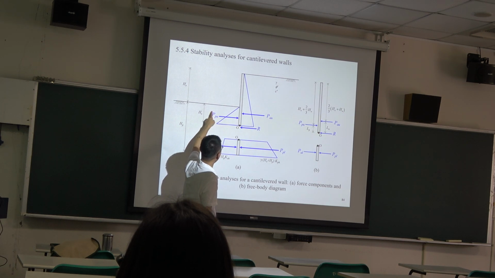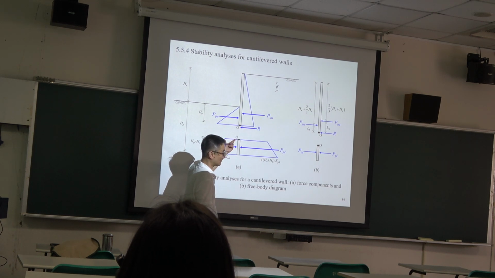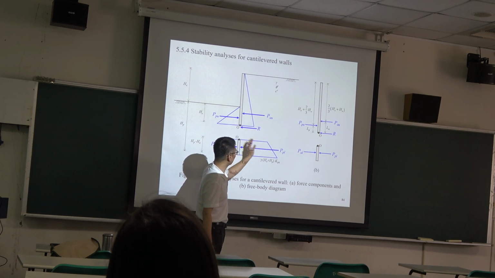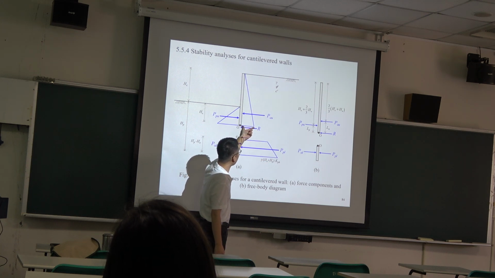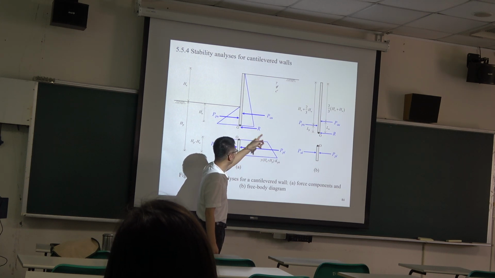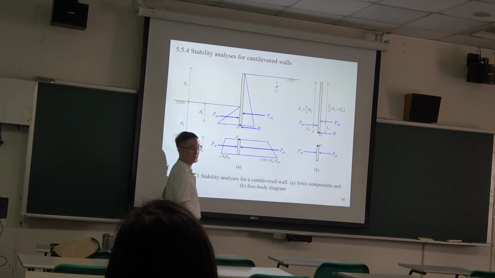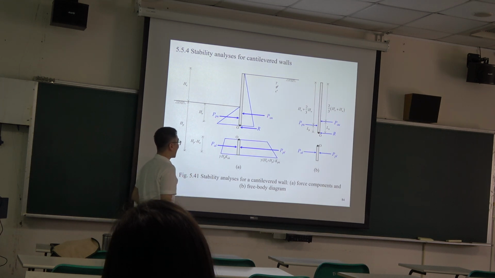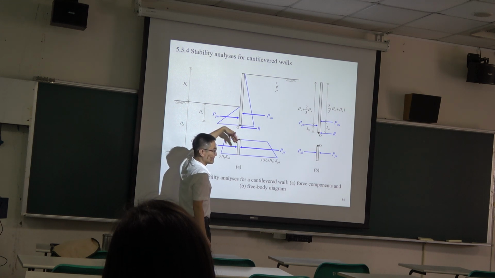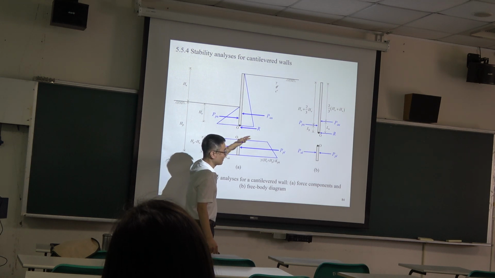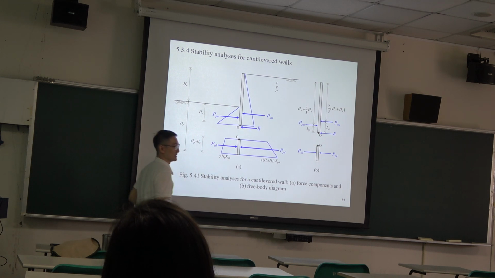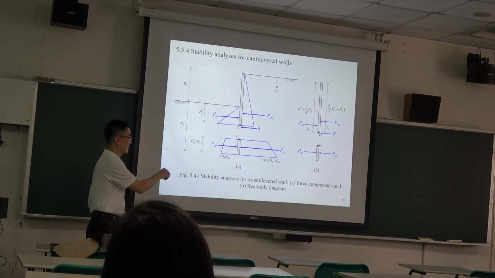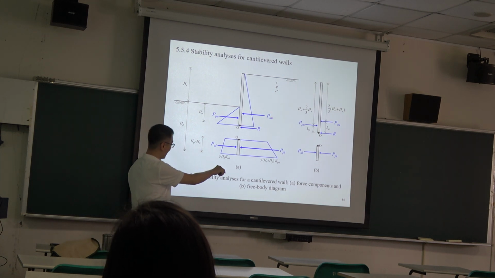It becomes passive and active, so there is a stress jump, and on this right-hand side it goes from active to passive. P and A here are passive and active. U means upper, L means lower. Clear?